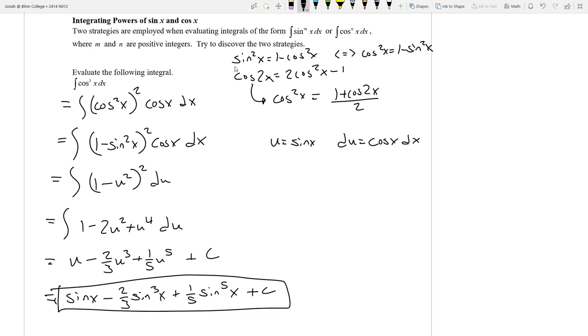We'd go this way instead. So whenever there's an odd power, we can break one off and make it into some version of du. Turn the rest into the same function using one of the Pythagorean identities, and then work through. So that's whenever there's an odd power by itself.